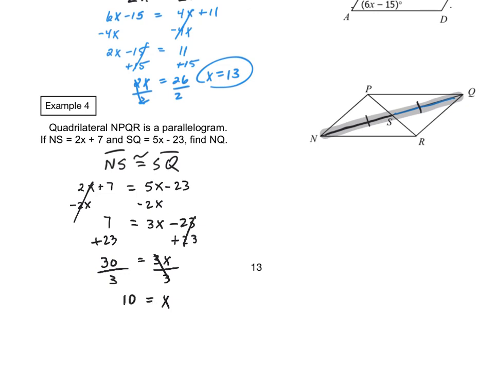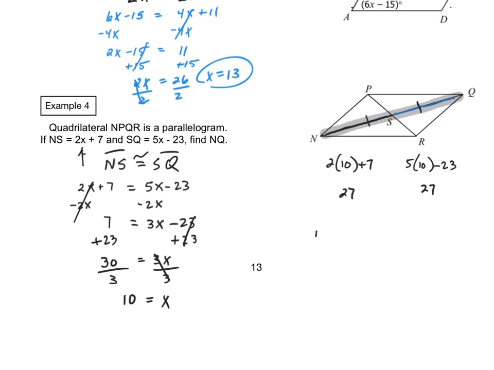Well, if x is 10, I can now solve for NS. So NS is 2 times 10 plus 7, which is 27. And SQ should be the same. SQ is 5 times 10 minus 23, which is 27.